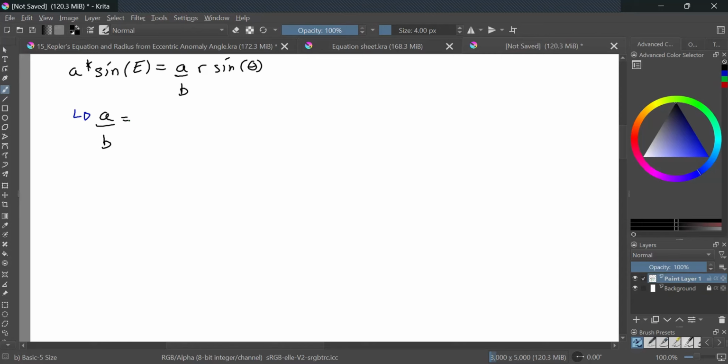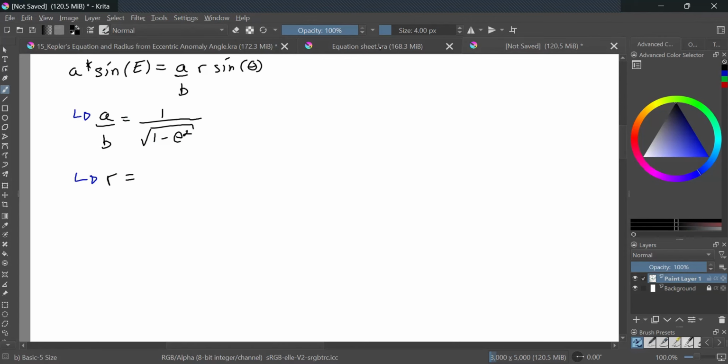That, as I touched on, I think in that same episode, can be broken down to become 1 over the square root of 1 minus the eccentricity squared. And this is the circle to ellipse ratio. The other thing that would be useful here would be to look at radius.